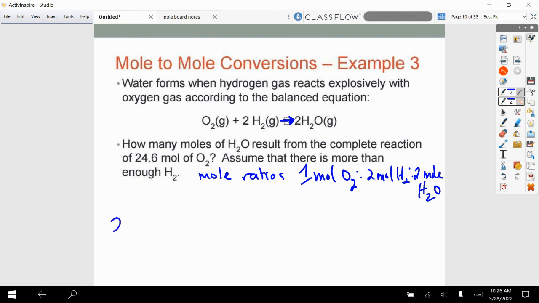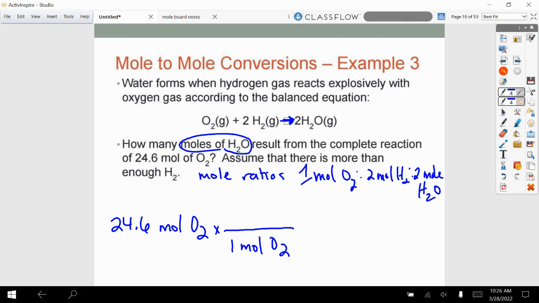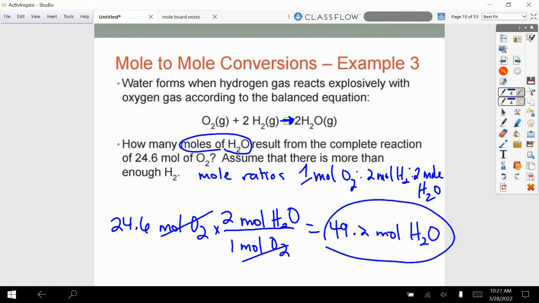If we start out with 24.6 moles of oxygen and we want to know how much water we have, then we would say that 1 mole of oxygen gives us 2 moles of H2O. We multiply that by 2, and we get 49.2 moles of water that would be formed if we started with 24.6 moles of oxygen.